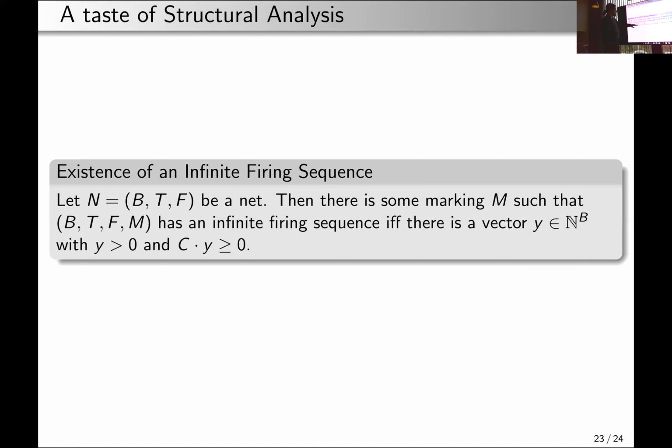And then what I'm looking at here is the effect of the firing sequence of the system. So I'm finding a vector that corresponds to a set of firing sequences. It represents some firing sequences.